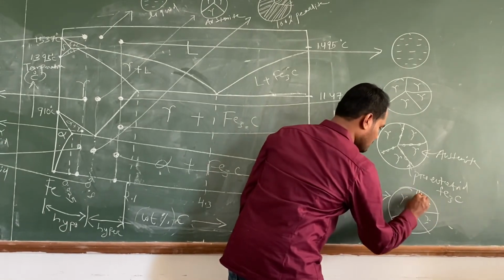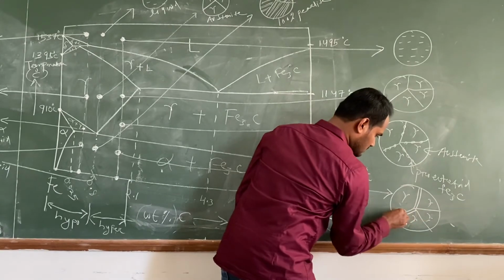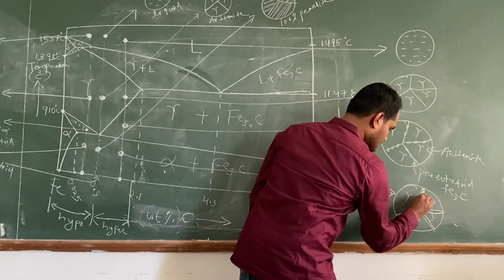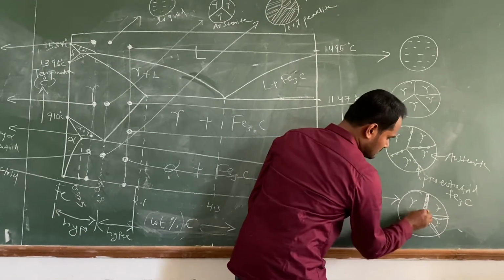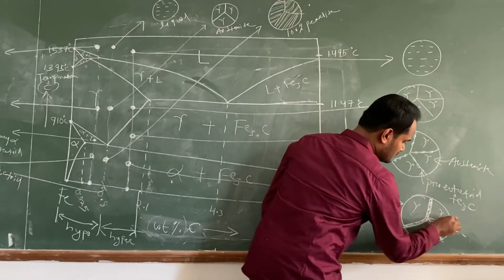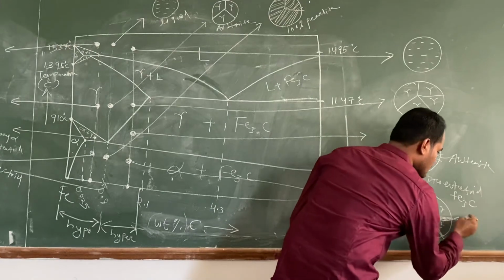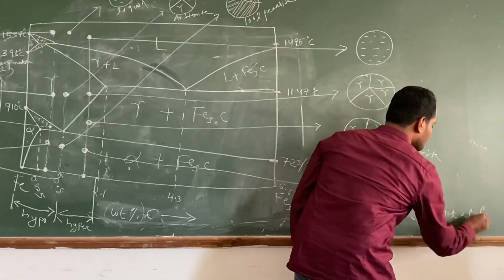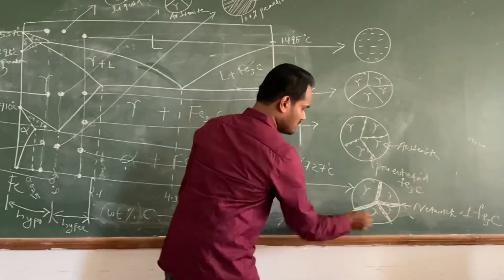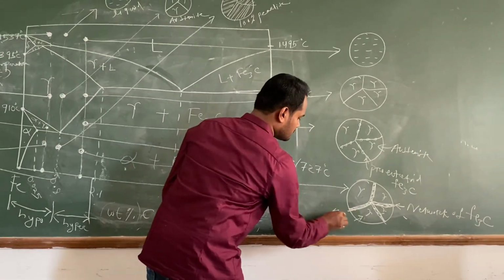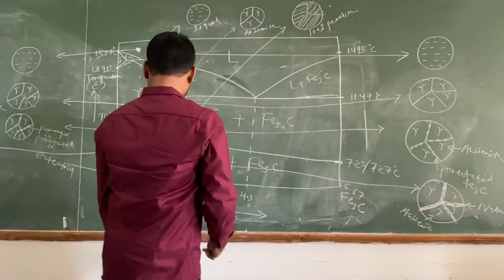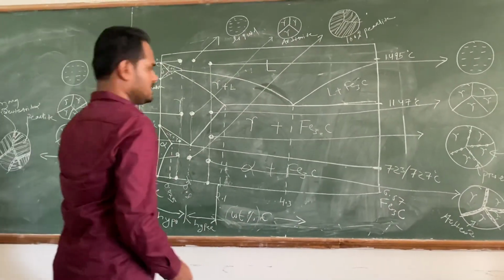Now we have like this. What is this? This is network of Fe3C, and this is austenite. Or this is finally, okay, alpha is also there.